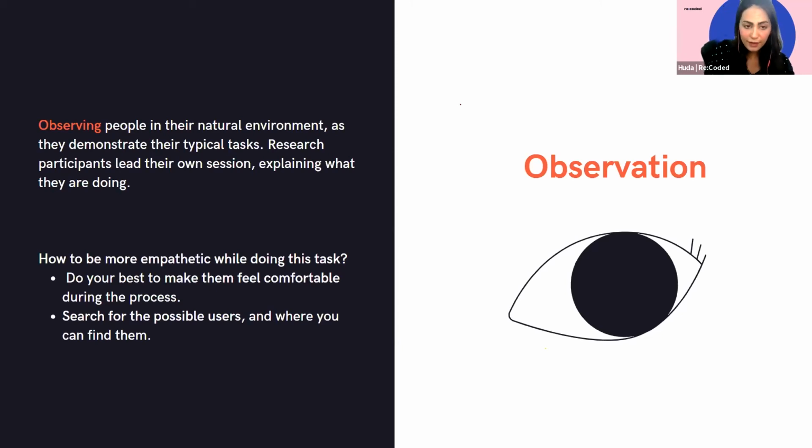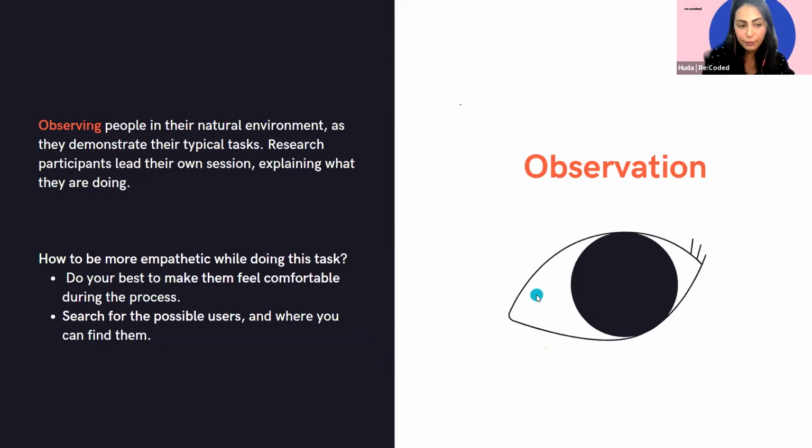To be more empathetic during observation, do your best to make them feel comfortable, because I feel confused when I'm doing something and being watched by somebody else. So making them comfortable is very good to do during this step.